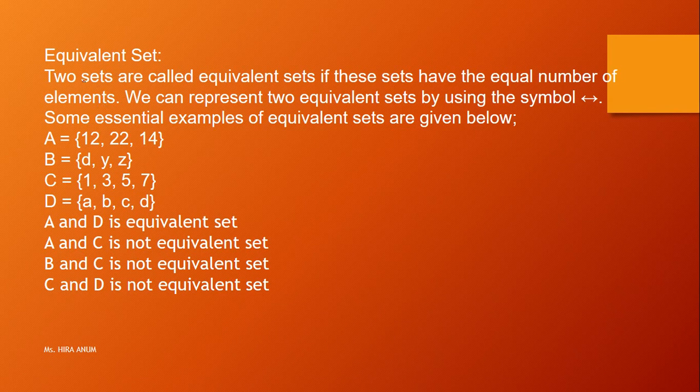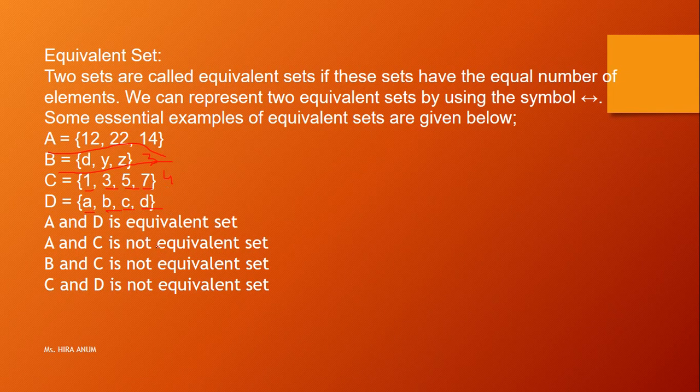Equivalent set. Two sets are equivalent if they have an equal number of elements, like A and B. A and B are equivalent sets, but B and C are not, because one has 3 elements and the other has 4 elements. C has 4 elements, 1, 2, 3, 4, and D also has 1, 2, 3, 4 elements.